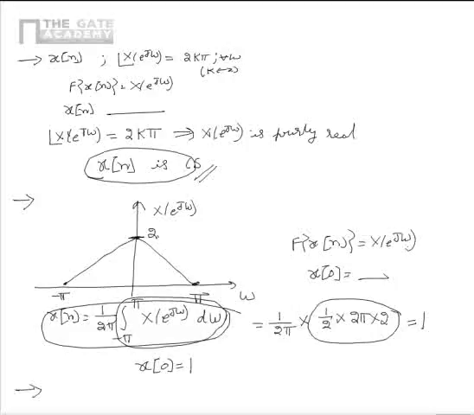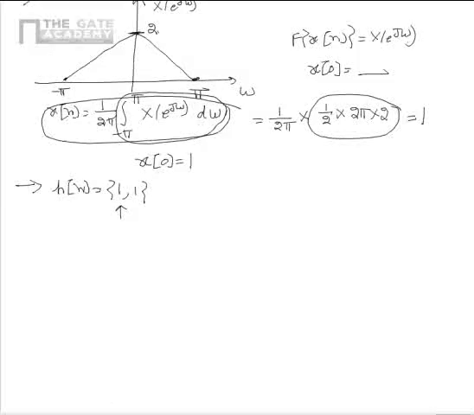Now let us consider another problem, as per which the discrete time signal given is h of n equal to 1, 1, where the first value of 1 corresponds to the instant n equal to 0. From this, we have to find the magnitude of h of e power j omega, where h of e power j omega is the DTFT of h of n.